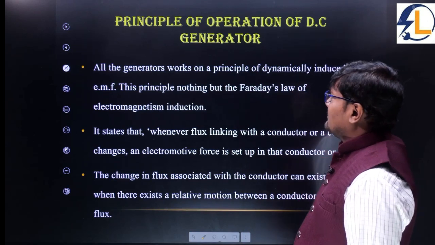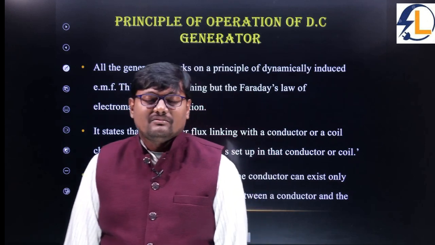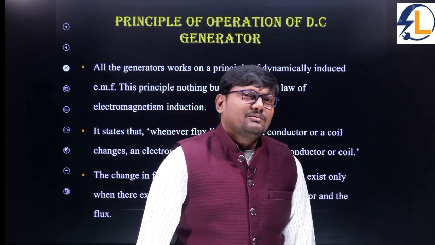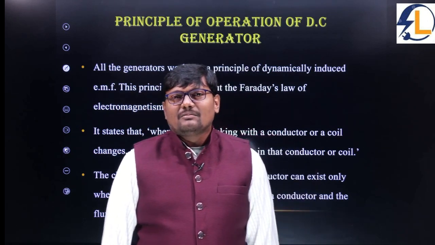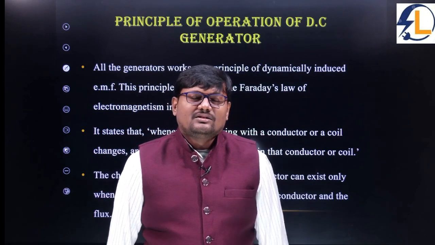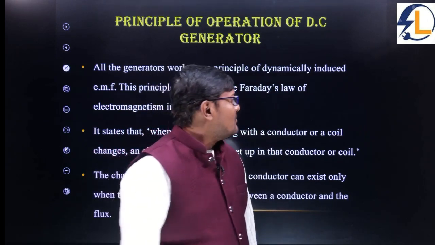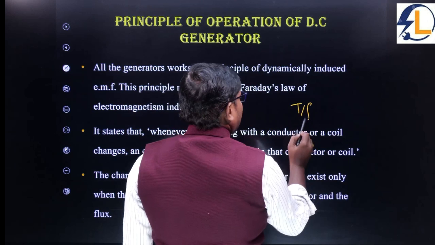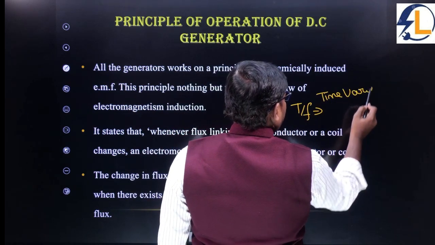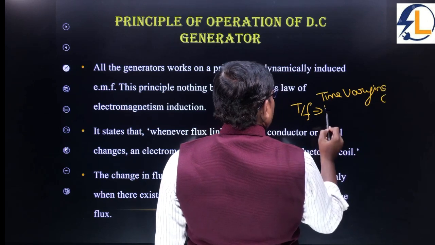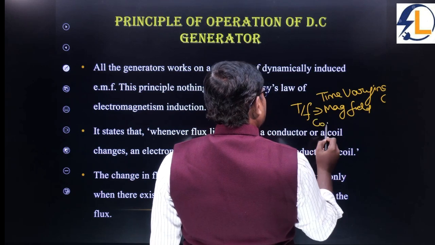In the principle of operation of a DC generator, which type of EMF is it? The dynamically induced EMF. In a transformer, we are using statically induced EMF, which is induced in a set of conductors placed in a time varying magnetic field, and the conductors are stationary.